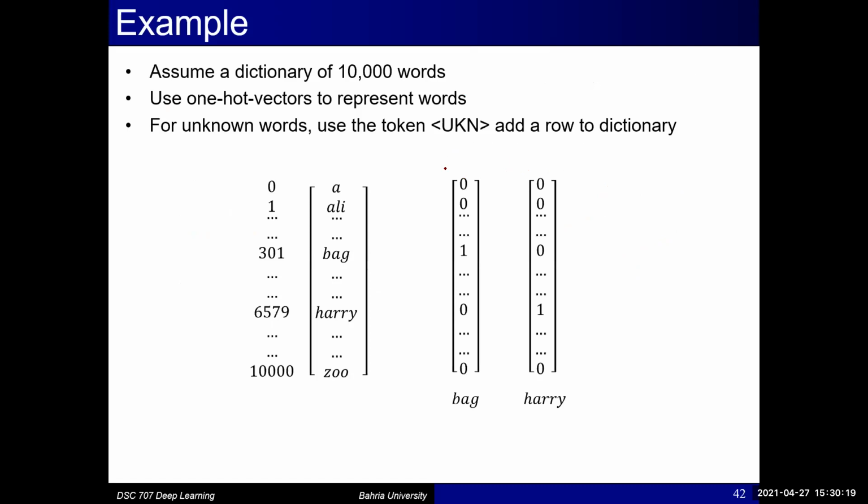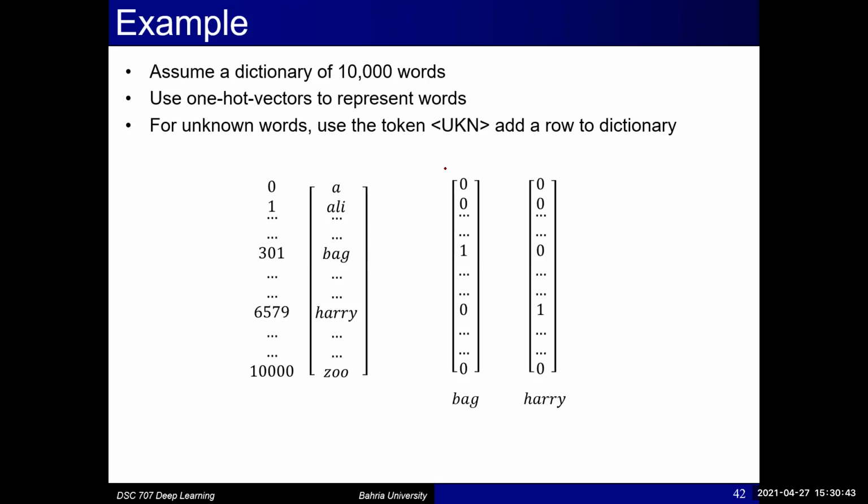Okay, now assume that for the time being, we are not going to word embedding. We'll go to word embedding in a while. We have a dictionary of 10,000 words, so we represent all the words using one hot vectors, right? And normally when we are implementing things, at test time it is also possible that you get a word which was not present in the training data.